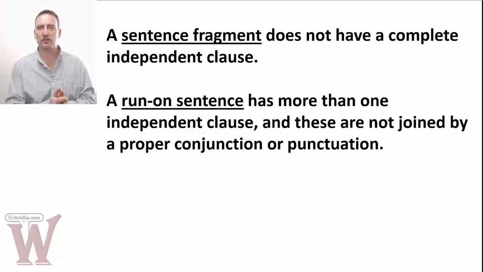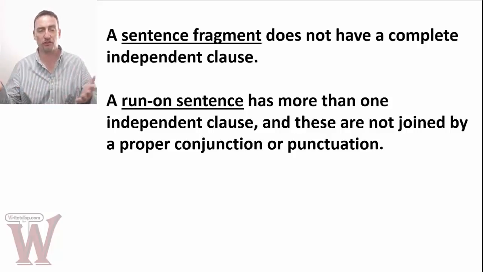Now, before we get into a little bit more deeply what is a clause, it's very important to understand what a sentence fragment is and what a run-on sentence is, okay? A sentence fragment does not have a complete independent clause. Something is missing. Either the subject is missing or the predicate is missing. And we're going to look at predicates in a moment. A run-on sentence has too many independent clauses.